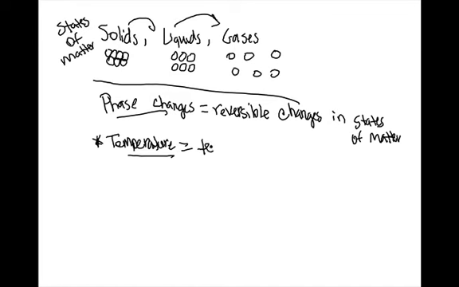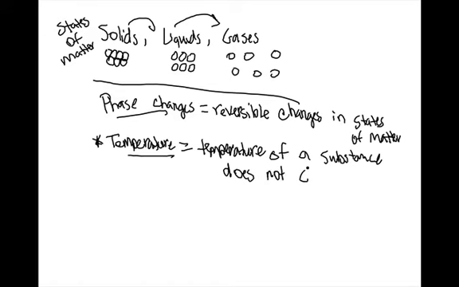So the temperature of a substance does not change during a phase change. When going from a solid to a liquid or a liquid to a gas, a lot of us would think that the temperature would either go up or go down, but actually it doesn't. It stays the same.